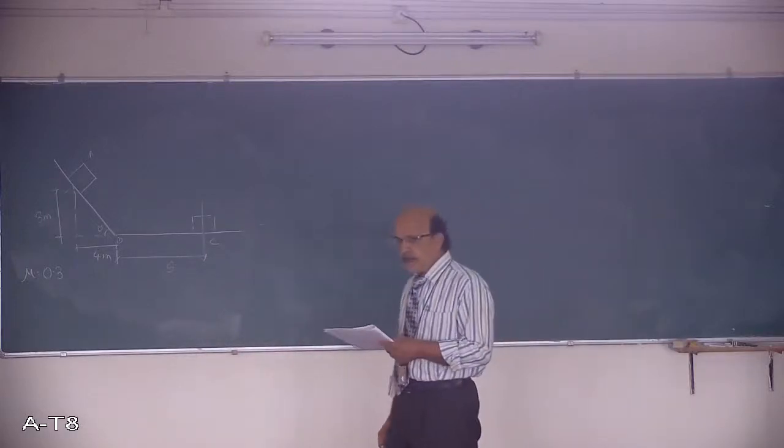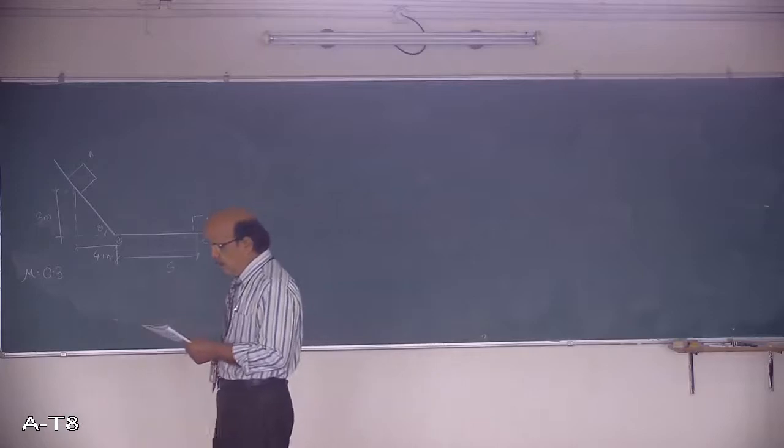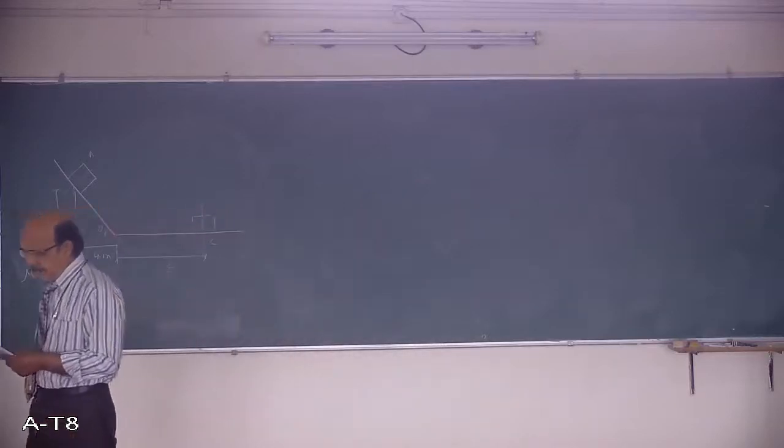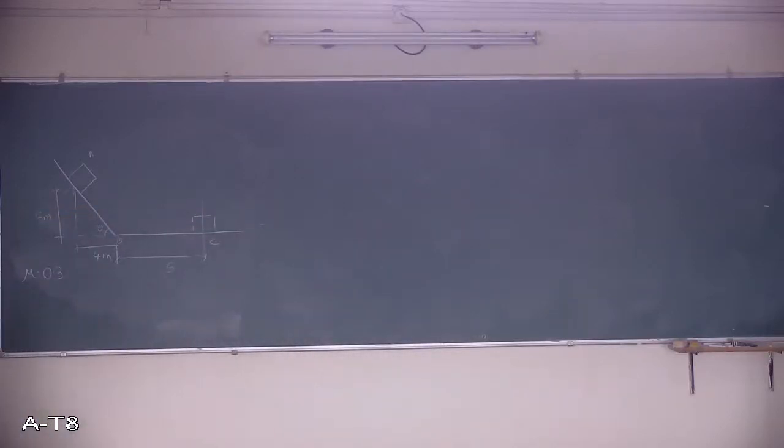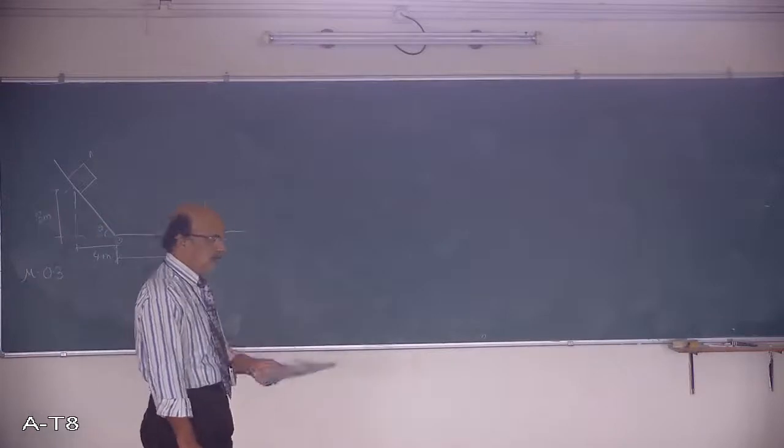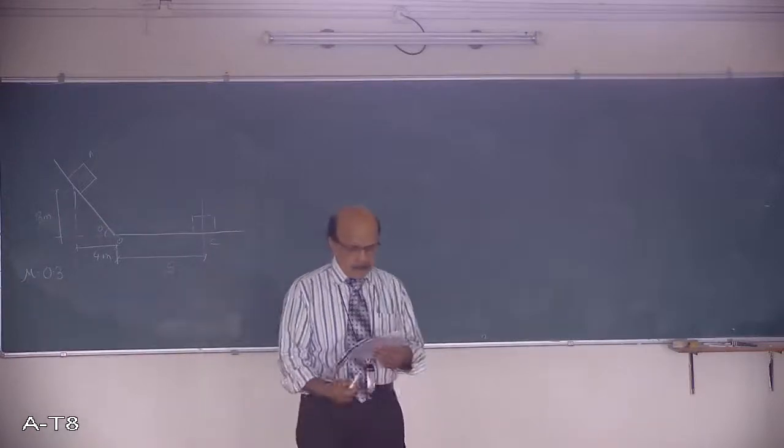Assume that the initial velocity with which it starts to move along BC is of the same magnitude as that gained in sliding from A to B. I will read it again.